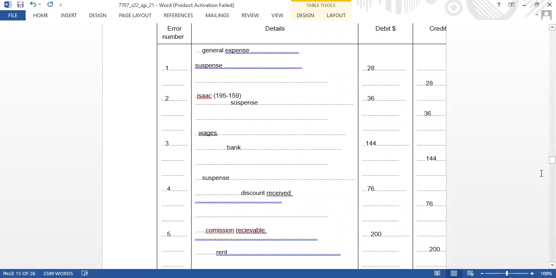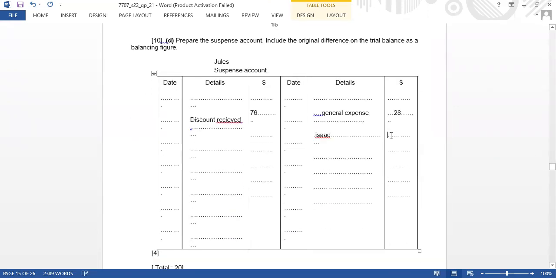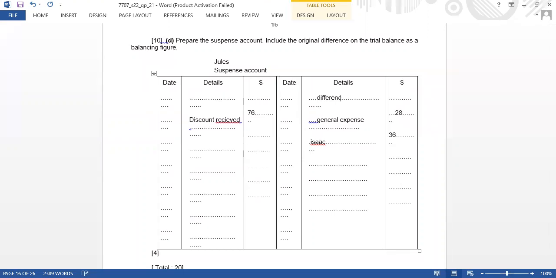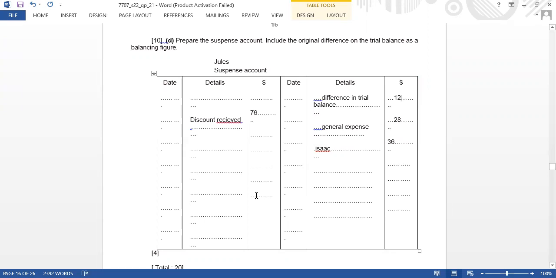ISAC to suspense, 36. ISAC will come on credit side, 36. So 28 plus 36 would be deducted from 76. We'll have the difference in trial balance. That will be 12. Total will be 76 and 76.